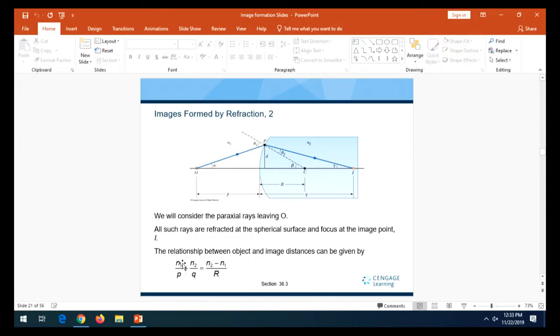So we put in our index of refraction where the object is, our index of refraction where the image is, and then we get the differences of the two divided by R. So we end up getting this relationship that accounts for those indexes of refraction.